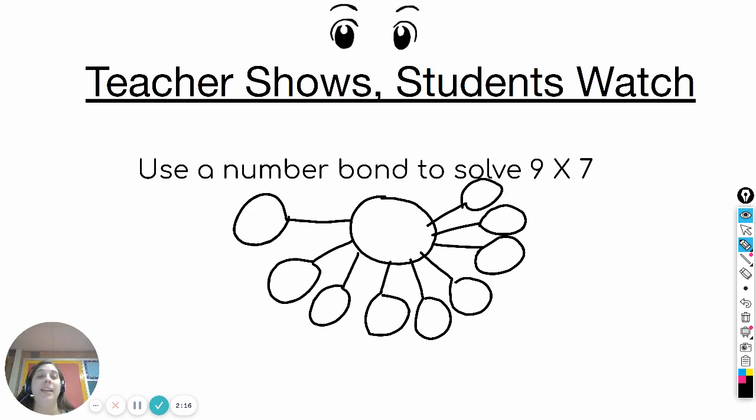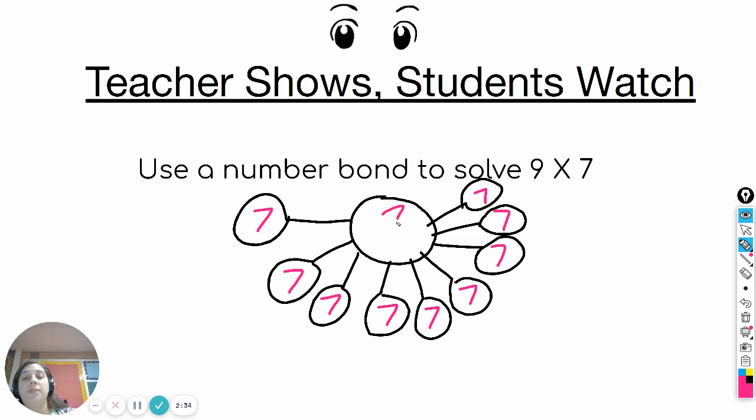So we have 9 legs, and we need 7 in each one, okay? 9 groups of 7. 7, 7, 7. All of them are groups of 7.